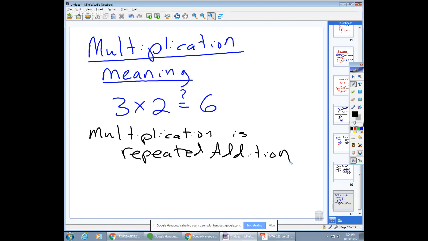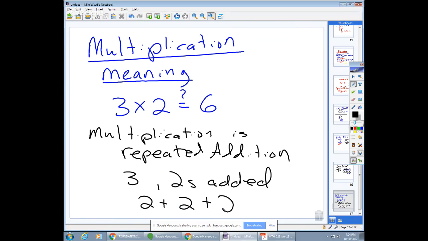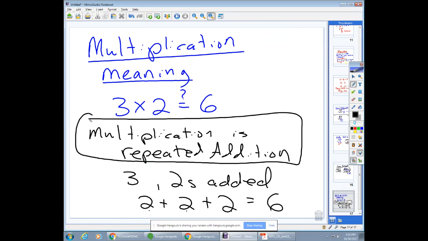So this would mean I have 3 2's added. That means I have a 2, and I have another 2, and I have another 2. Whatever that adds up to is the answer. So 2, 4, 6, the answer's gotta be 6. Why? Because I believe multiplication is repeated addition.